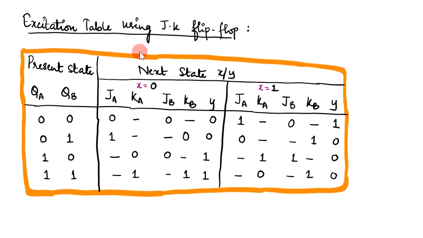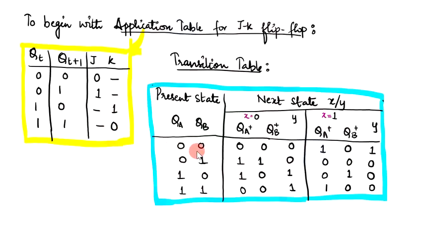For the excitation table, you are going to replace Q with the flip-flop inputs. So QA will be replaced with JA and KA, and QB will be replaced with JB and KB. So here, if you see, you had QA to be equal to 0.